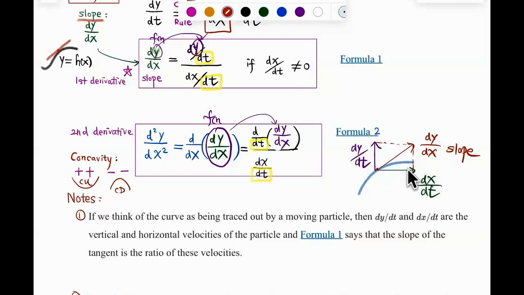Project along this horizontal direction, that's dx dt. So this slope over here is this. If we think about this as the velocity in this direction, that's the velocity along the vertical direction, velocity along the horizontal direction. So the slope of the tangent is the ratio of this velocity, this divided by that.